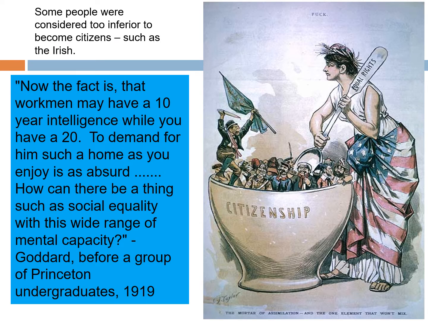Coming from a speech Goddard gave before a group of Princeton undergraduates in 1919, he says, "Now the fact is that workmen may have a 10-year intelligence while you have a 20. To demand for him such a home as you enjoy is as absurd. How can there be a thing such as social equality with this wide range of mental capacity?"